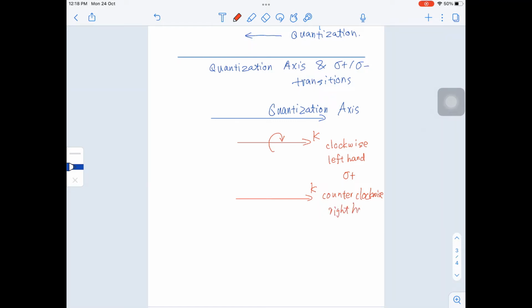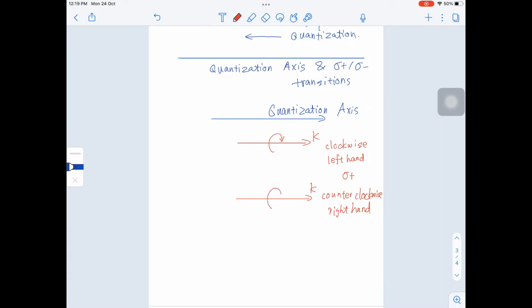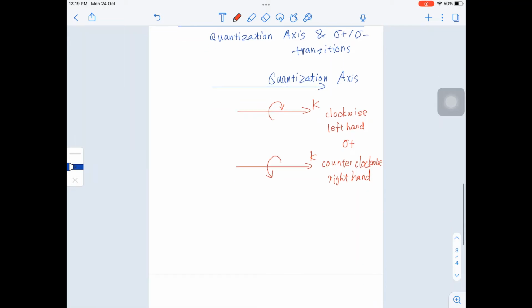Now, use your right hand, use your thumb to follow the K vector, and the four fingers indicate the polarization rotating. This gonna drive what? Gonna drive sigma minus. Okay. This is a convention notation we need to remember.